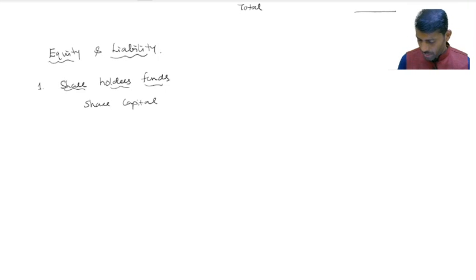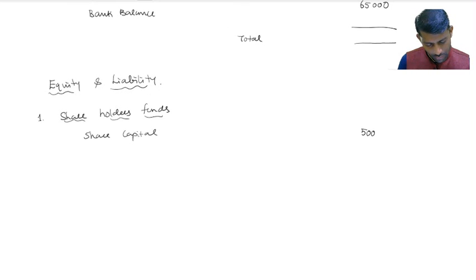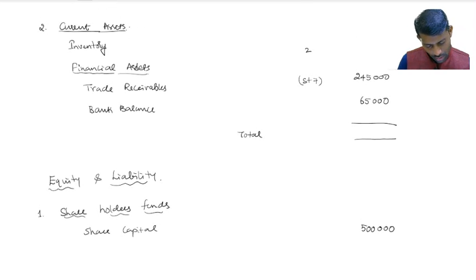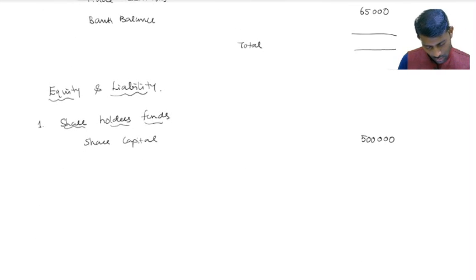Holding company share capital is 5 lakh, but in the exam you have to give the note as I said. Share capital is note number 3. Preference share capital is also there, so equity plus preference share capital, 6 lakh will come.